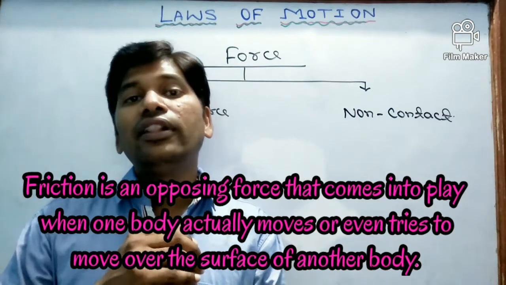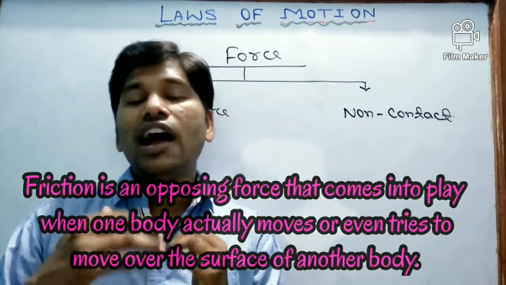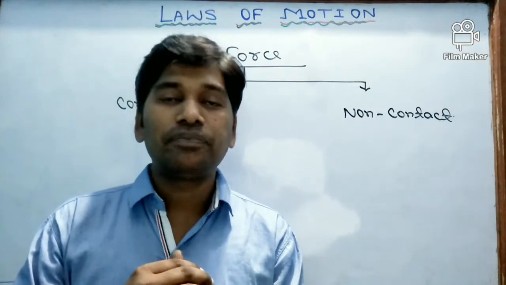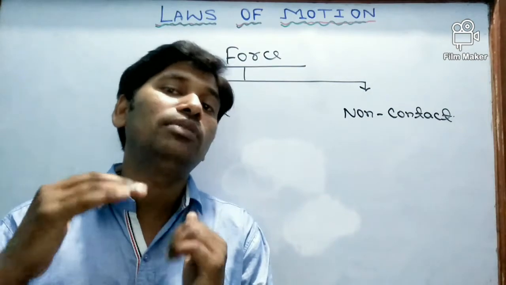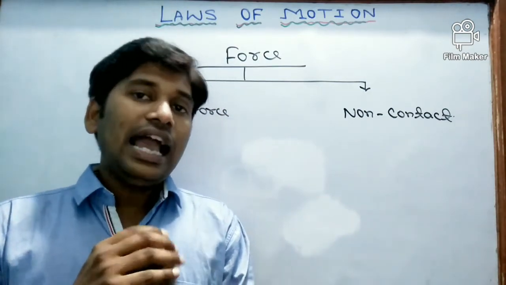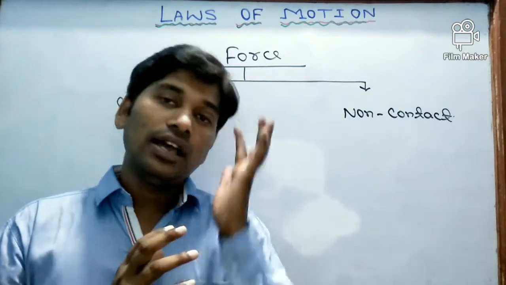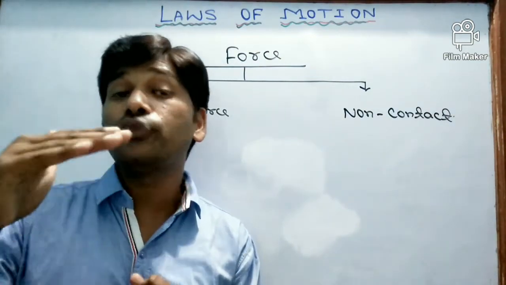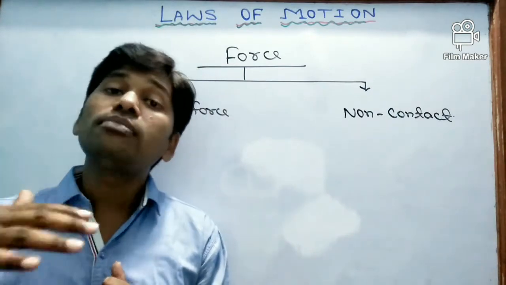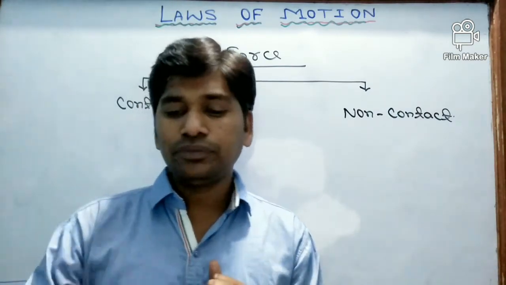For example, when a ball is rolled on the ground, after some time it stops. The reason behind that is the friction force opposes the motion of the ball and makes the ball stop. Another type of force is normal reaction. So what is normal reaction?